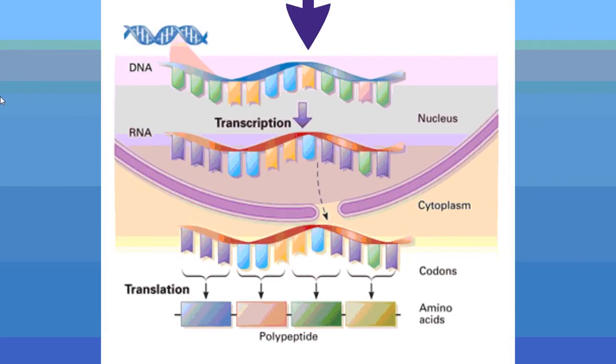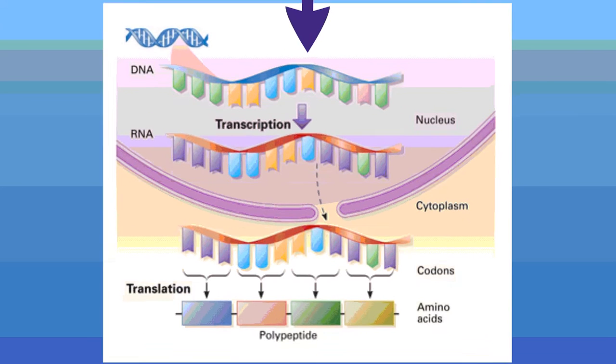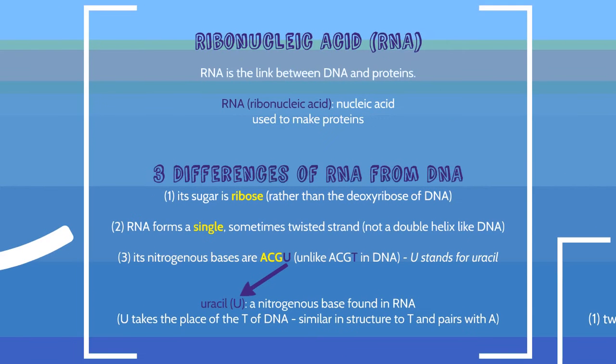So transcription, DNA to RNA, happens in the nucleus, and then translation, going from RNA to protein, actually happens in the ribosome. So let's talk about RNA and DNA and some differences. RNA is basically your link between your DNA and protein. It stands for ribonucleic acid. So it's the nucleic acid specifically used to make proteins. In DNA, if you remember, it uses the sugar deoxyribose.